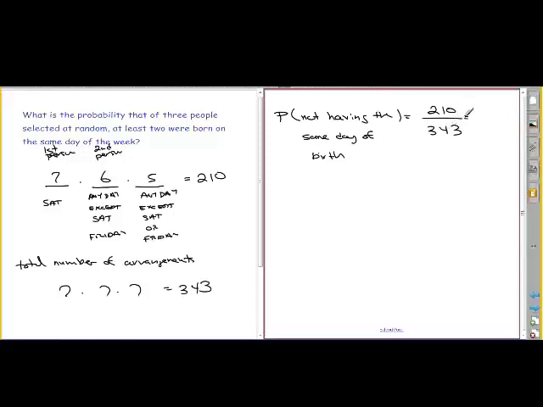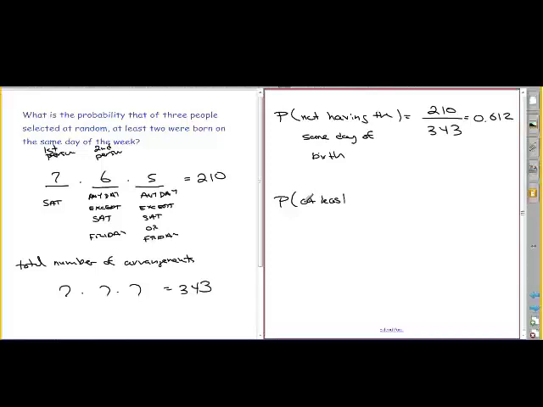And I don't know if we can simplify this down or not. I don't think so. Let's just put it in decimal form. So we're going to make it a decimal probability, which is 0.612.